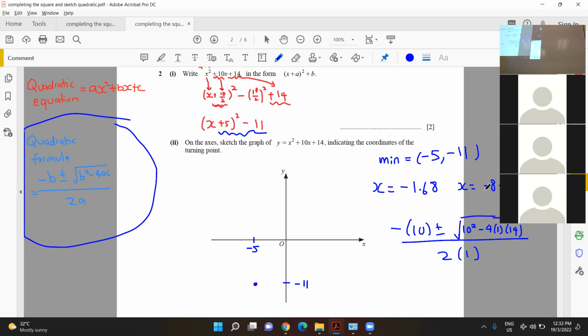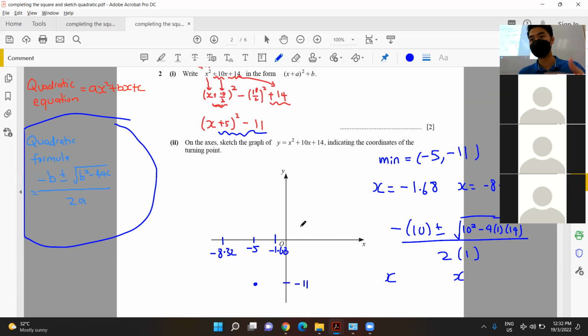Okay, so now you know, guys, that from here you also get two answers of x, the plus and the minus. Then you would have gotten -1.68 here, and then -8.32 here.